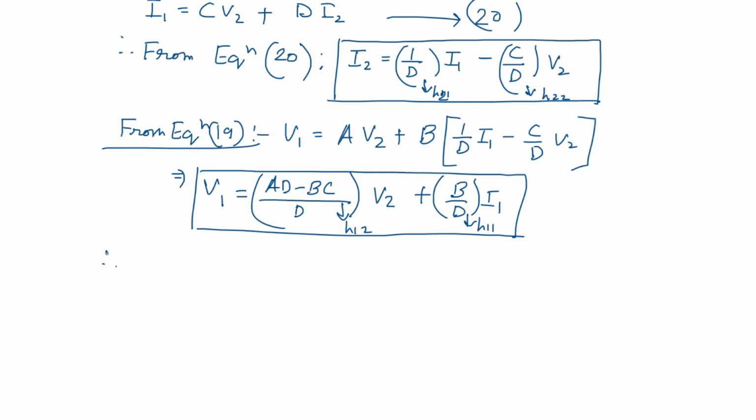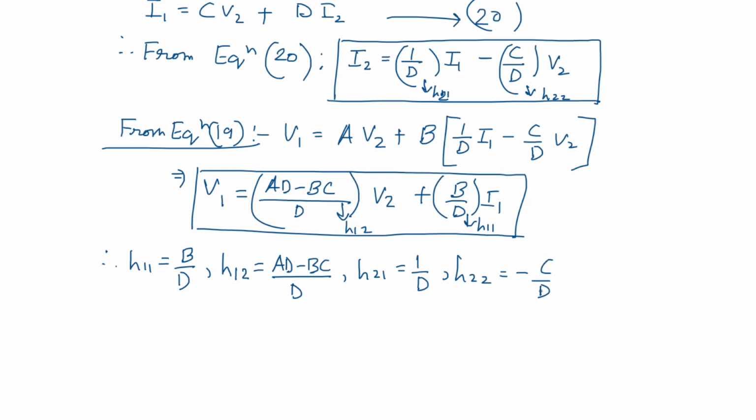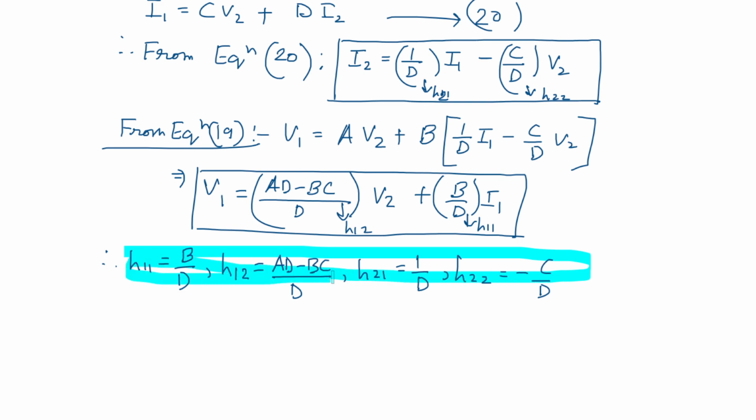So therefore H11 is equal to B by D, H12 is AD minus BC by D, H21 is equal to 1 by D, H22 is equal to minus C by D. So this is our relation of hybrid parameters in terms of ABCD parameters.